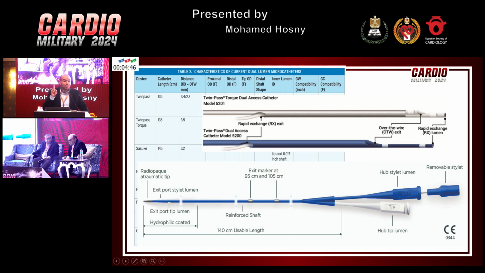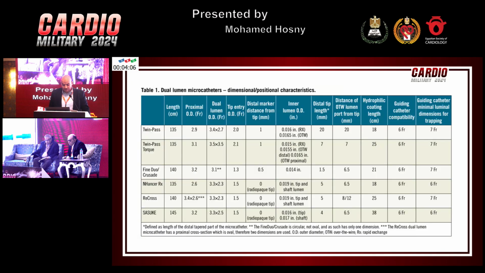We have the white port. The white port has two openings here, one on each side of the microcatheter. And the blue one, if we introduce the wire from the blue one, it will come from the tip of the microcatheter. In order to remember in an easy way which is which, the white port starts with W, so it has double openings, while the blue one has only a single opening at the tip of the microcatheter.